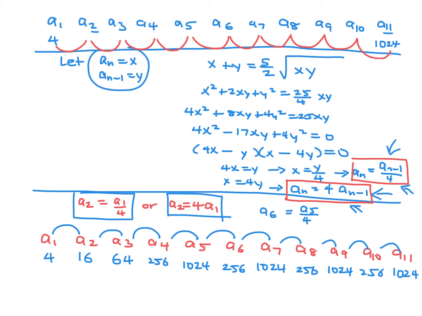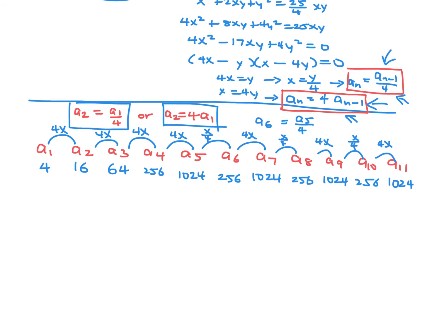How many is the total? Well, what did I actually do here? I used the 4x rule here, 4x, 4x, and then I used the x over 4 rule here, and then from there to there, 4x, and then x over 4, 4x, x over 4, and 4x.